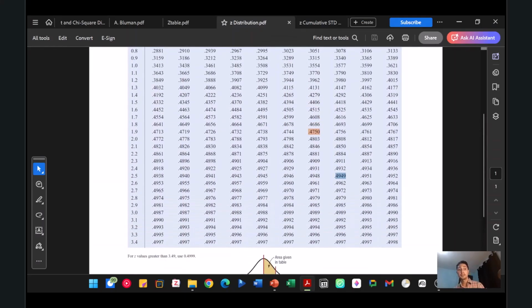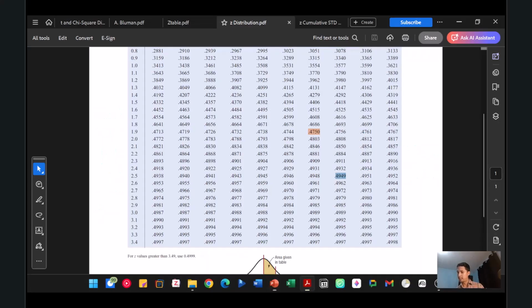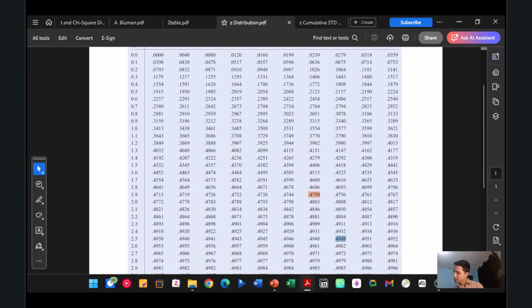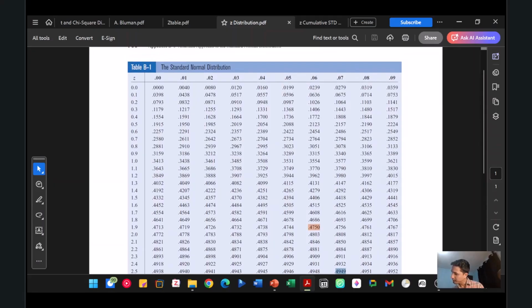So for the first, we have 0.1. If it's 0.1 from the center, therefore this is 0.4 because 0.5 and half. So I have to look for 0.4. Where is 0.4? Here is 0.4.